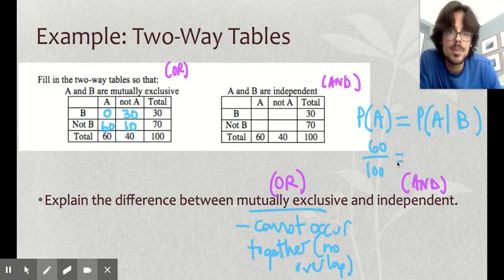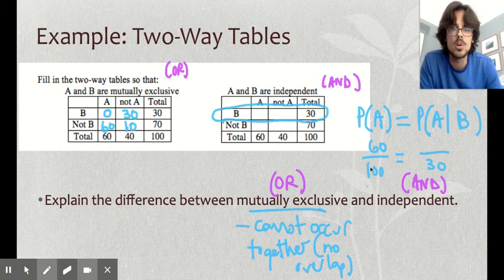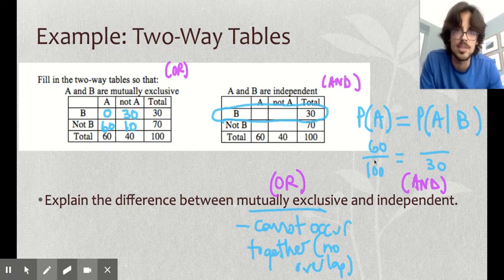I need to compare that to the probability of A given B. So if B is given, I'm out of this box right here. And it would go probability of A and B, which is this box, out of probability of B, which is 30. So essentially what I have here is like a little cross multiply problem, or you can just treat it like a decimal, make this a 0.6 right here.